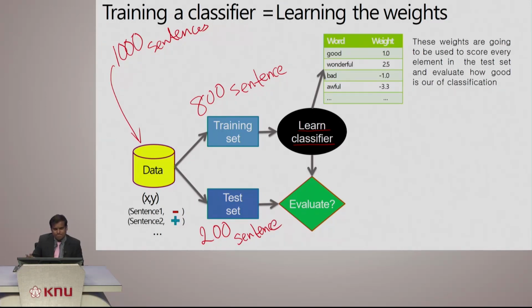So this learning is done based on the word and weight. Based on that, your training is done, and once the training is done for those 800 sentences, now we are going to use these 200 sentences to evaluate. Yes, these weights are going to be used to score every element there.